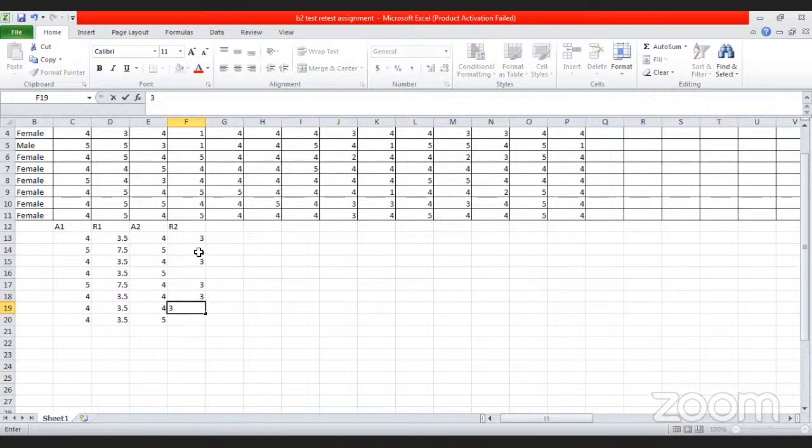So it takes up to 5th position. So the 5 will start from 7th, 8th, and 9th. So 7 plus 8 plus 9 divided by 3.